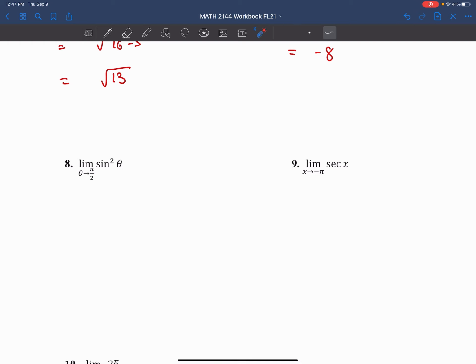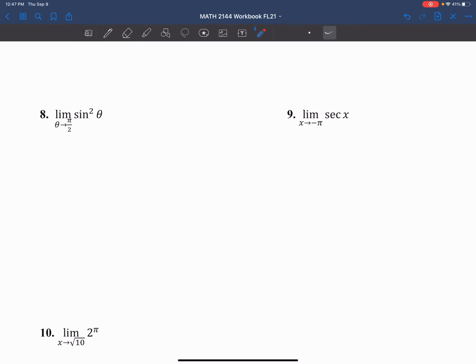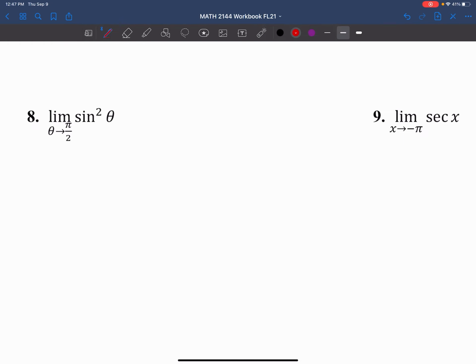In the case of 8 and 9, we do have some trigonometric functions. For 8, I'll just remind you, again, don't get thrown off by theta. You can actually rewrite this problem, if you prefer x better, as the limit as x approaches pi over 2 of sine squared of x. Remember, another way to write the square is to square the whole thing.